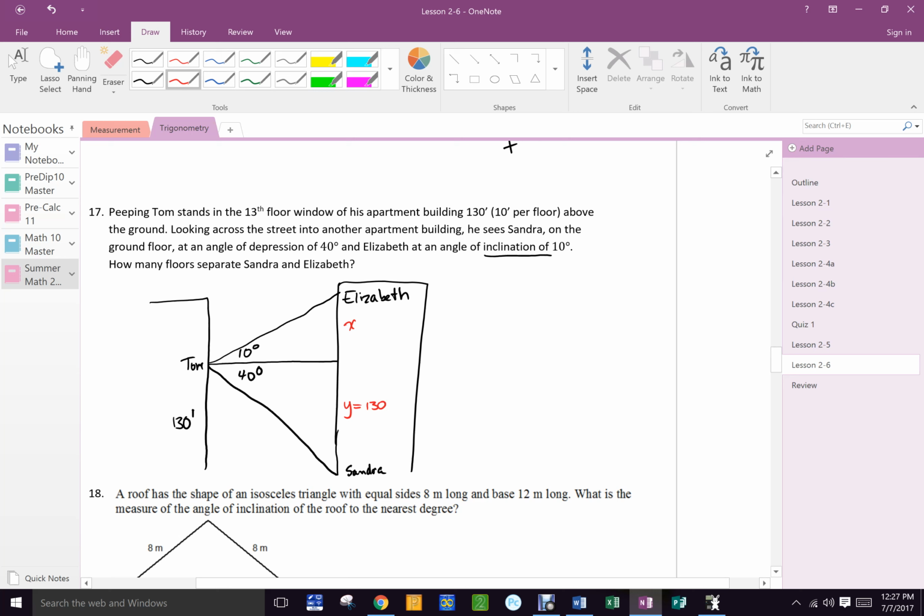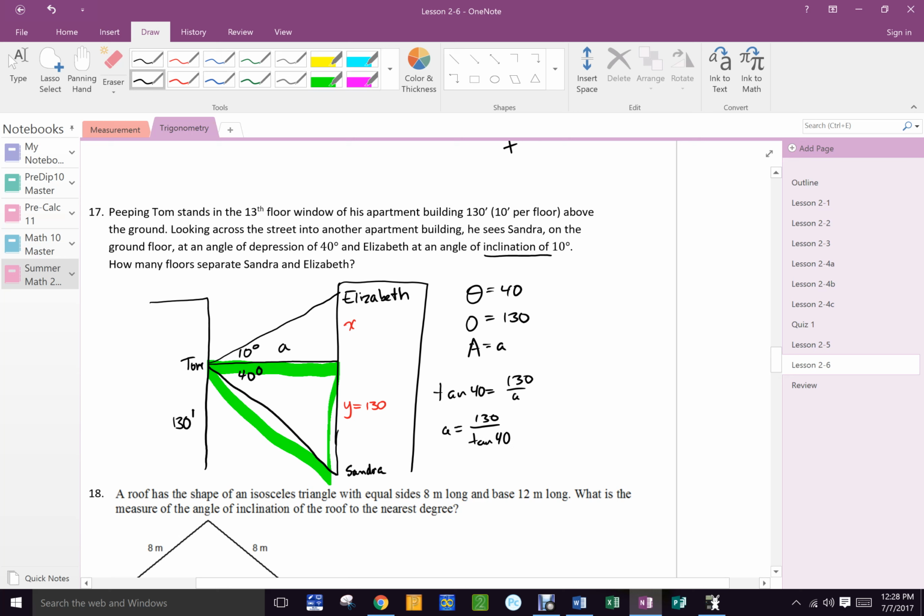Do I now have two pieces of information for the bottom triangle? 40 and 130, correct? So if I get this piece right here, which I'm going to call A, I got theta equals 40, opposite equals 130, and my adjacent equals A. What uses O and A? Tan 40 equals 130 over A. So A equals 130 divided by tan 40.